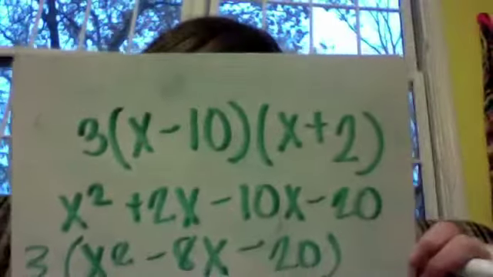When these two factors are FOILed, we come up with x squared plus 2x minus 10x minus 20. Therefore, the final answer is x squared minus 8x minus 20, and it looks like this. That is how you factor a trinomial.